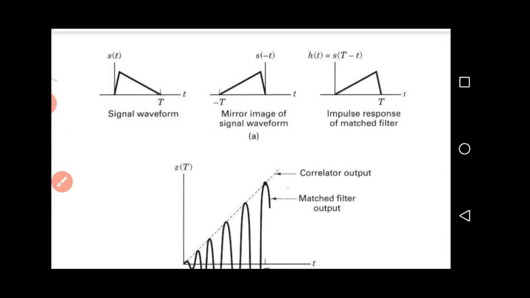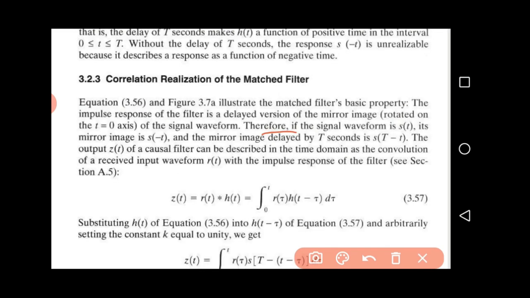Here we can say this is the signal waveform and this is the mirror image of the signal waveform, the impulse response of the matched filter. Therefore, if the signal waveform is s(t), its mirror image is s(-t) and the mirror image delayed by T seconds is s(T-t).